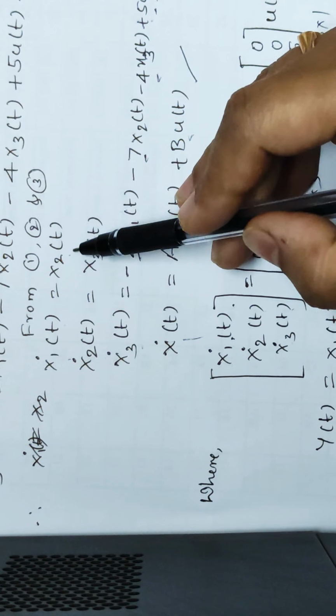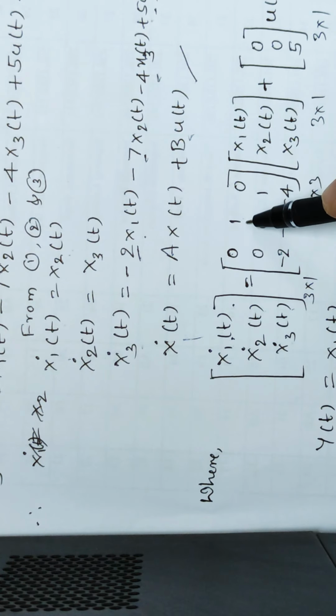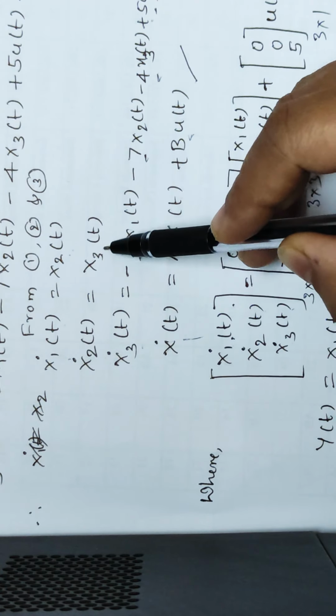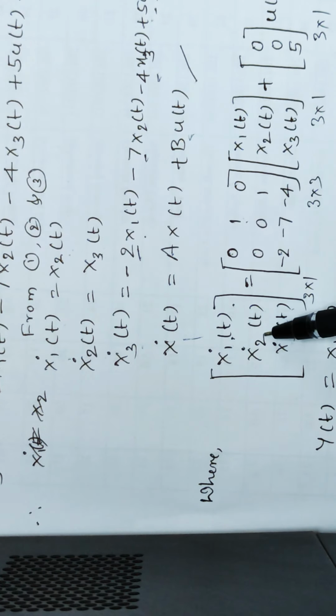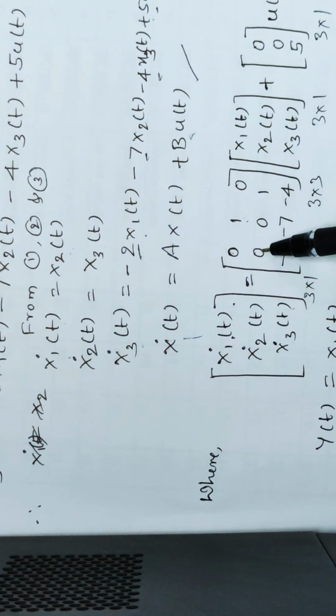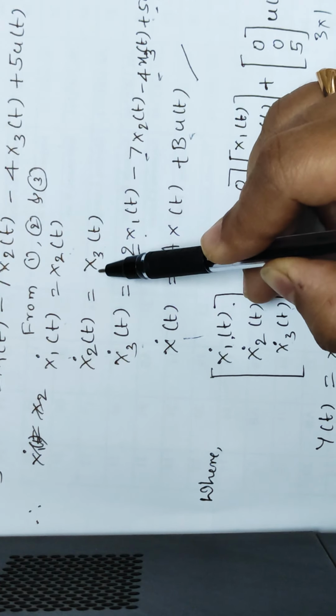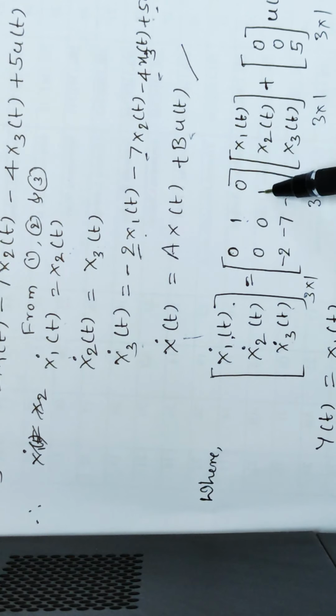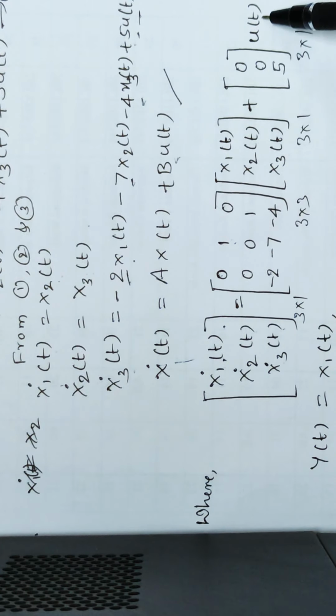There is no input, only the x2 term is there, coefficient is 1. Next, x2 dot is equal to x3. Therefore, x2 dot is equal to 0 into x1, 0 into x2, 1 into x3. Only x3 is there, 0, 0, 1, plus input is 0 into u of t, right.